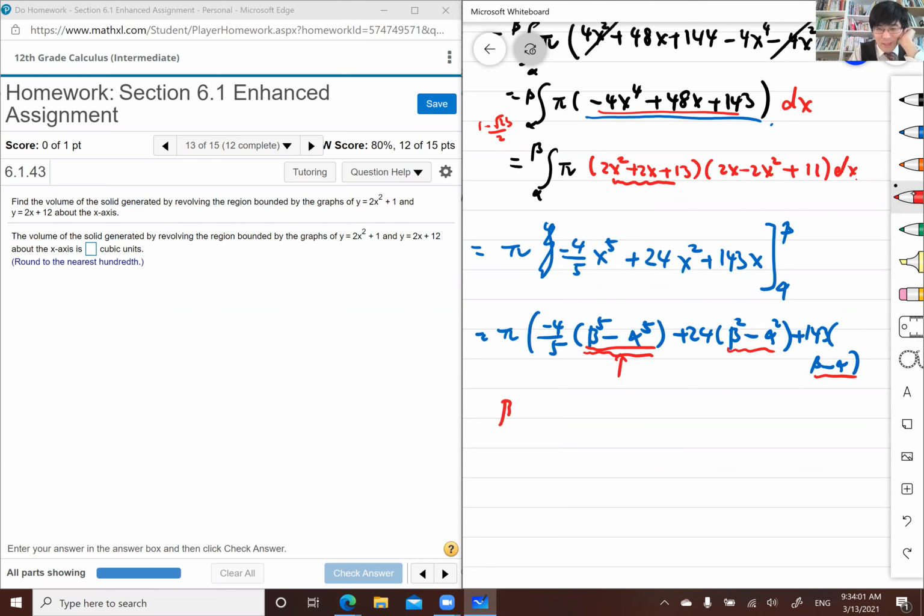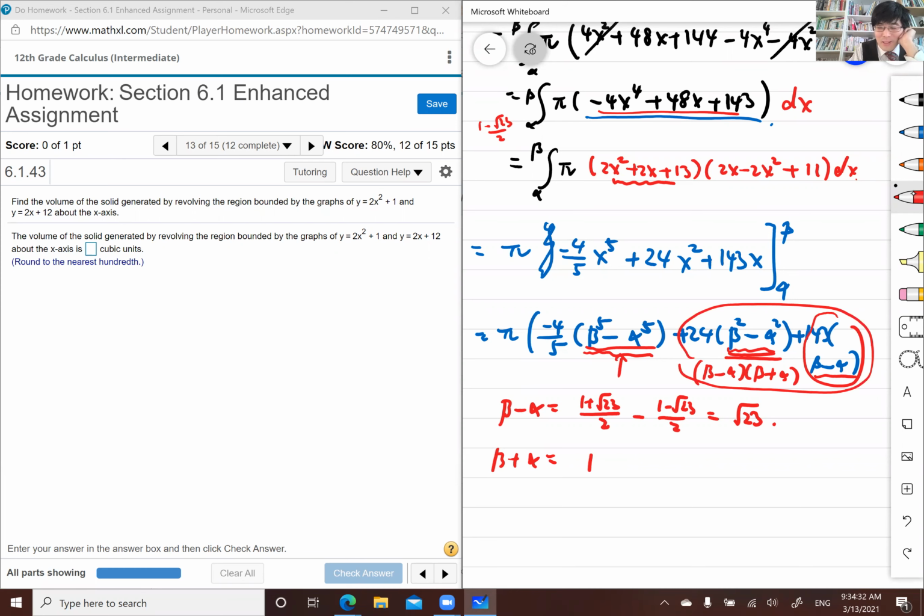What we are interested in using is that beta minus alpha is a simple number, because although beta is complicated and alpha is complicated, the difference is just the square root of 23. Also, this part can be split into beta minus alpha and beta plus alpha, and beta plus alpha is just equal to 1. So that's quite nice, and this part is very easy to take care of.